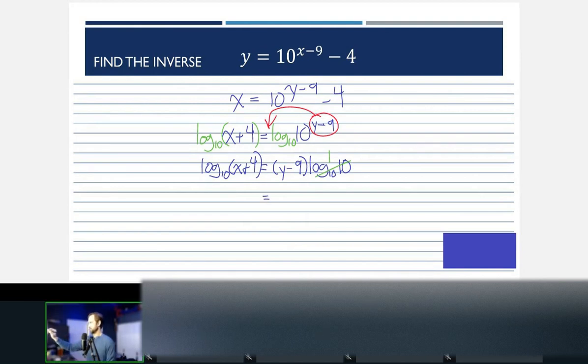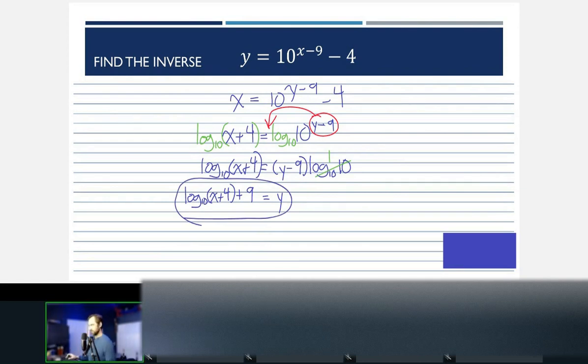So when you add 9 to both sides, we just get y on the right side, and then we get log base 10 of x plus 4. And then we added 9 to both sides. And that's it.